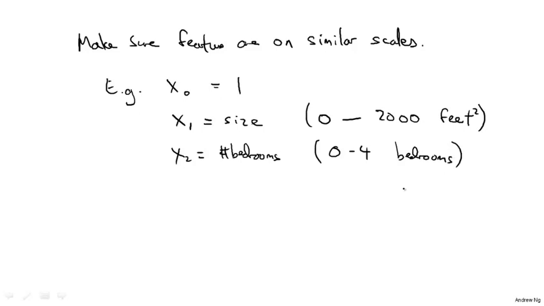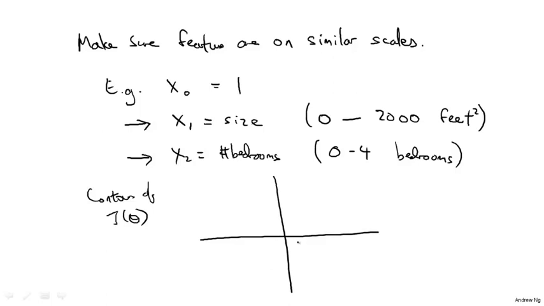So it turns out that if you have some features that take on a huge range of values, like x1, and some features that take on a much smaller range of values, like x2, then if you look at the contours of J of theta, the contours will still be ellipses, but they may look something like this, where you have ellipses that are extremely tall and narrow and thin.